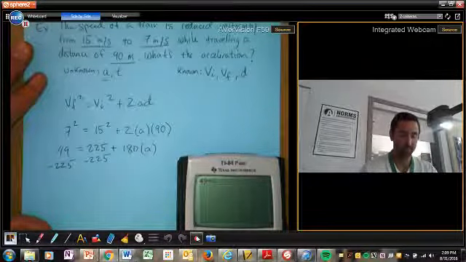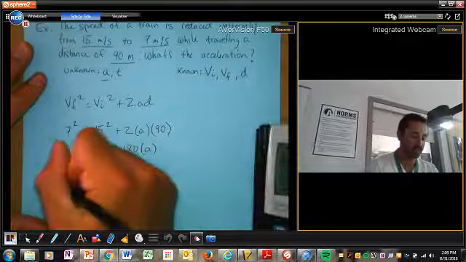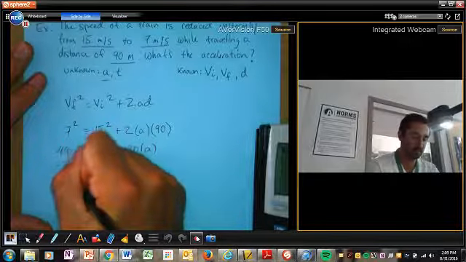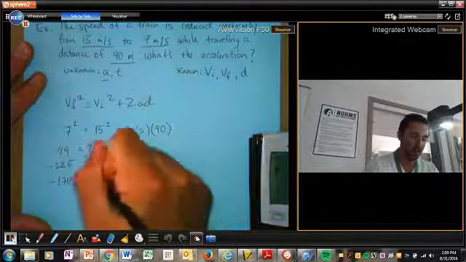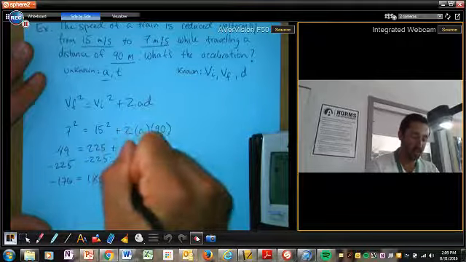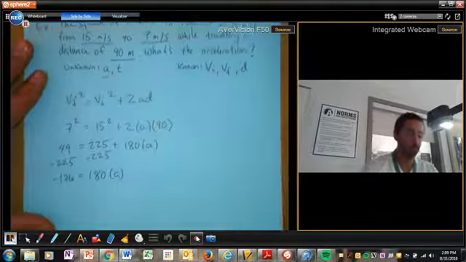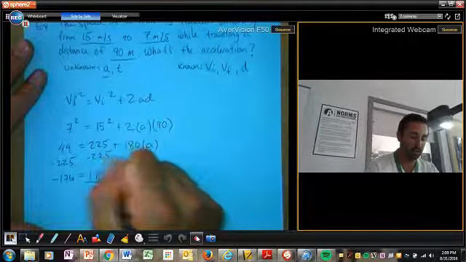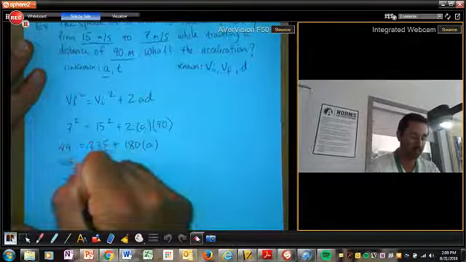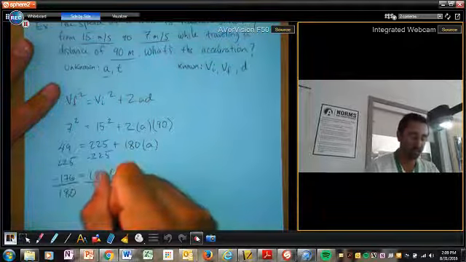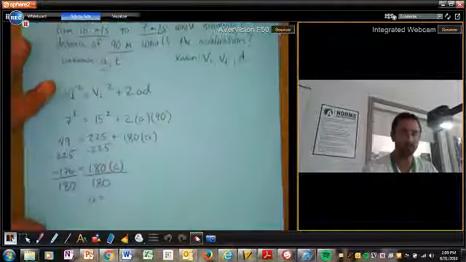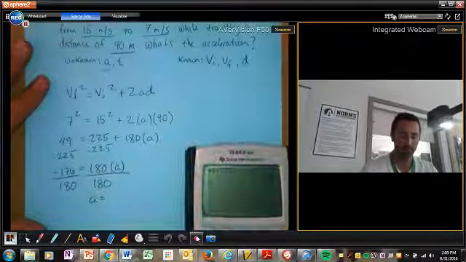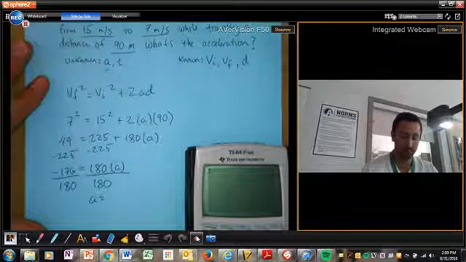You can keep it negative. That is equal to 180A. Now I divide by 180. I'm going to get a negative number. A is equal to what? Negative 176 divided by 180.